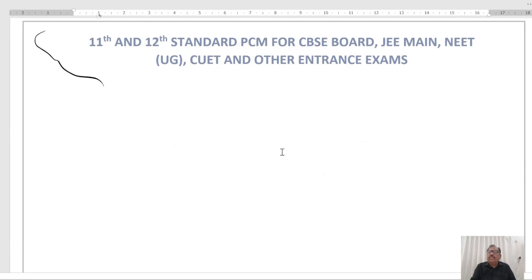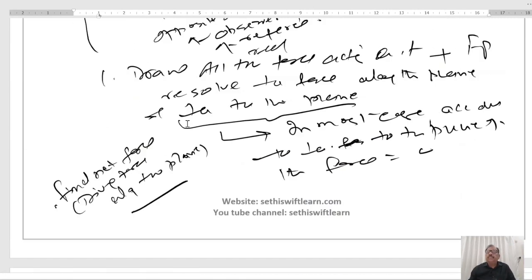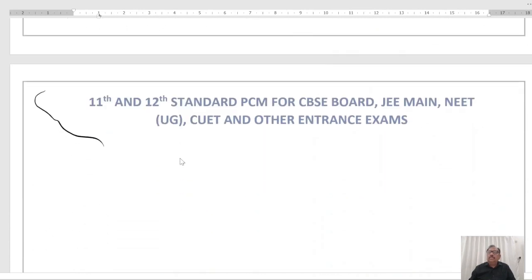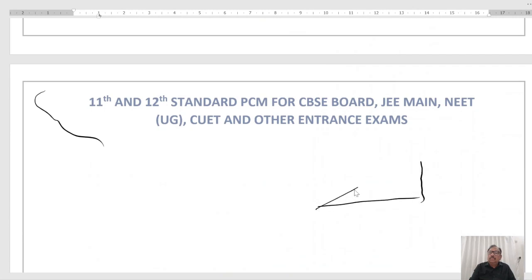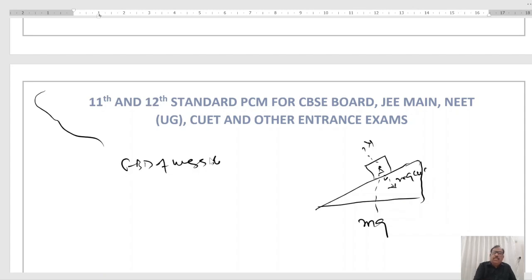Now in this case, you see, this body has weight mg, then resolving this, mg cos theta, this is the normal reaction, and the free body diagram of mass m with respect to the chamber.